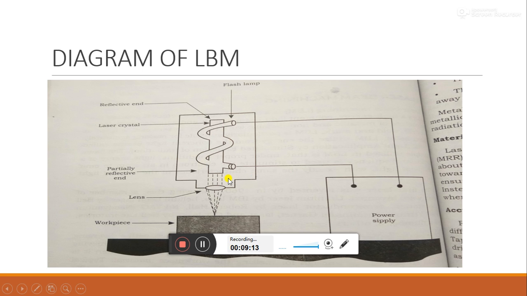Now see, here they have not shown the mirror arrangement or the other lens arrangement. Here only this lens is attached.